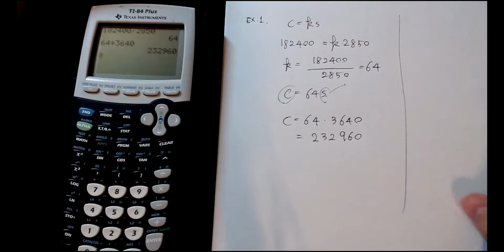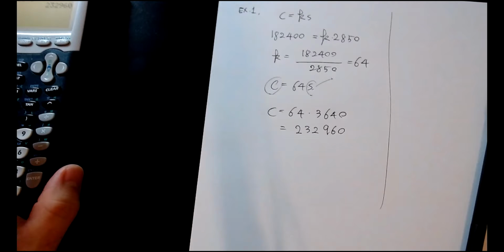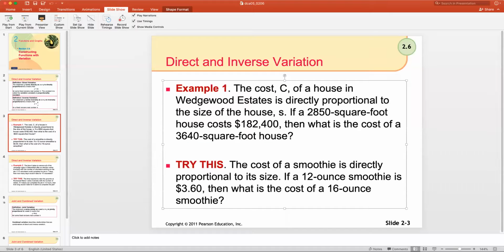And now let's try these problems. In this try-this problem, the cost of a smoothie is directly proportional to its size. We see that the cost is directly proportional to its size, so the problem gives you the relationship between two variables, cost and size of the smoothie.